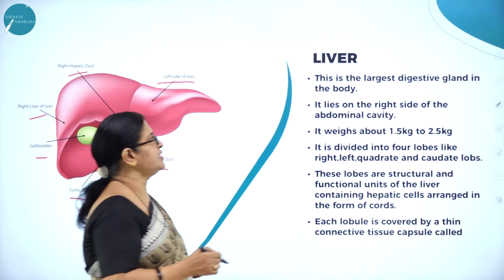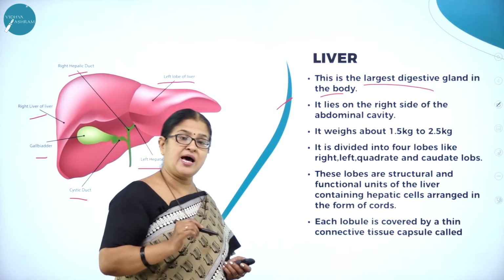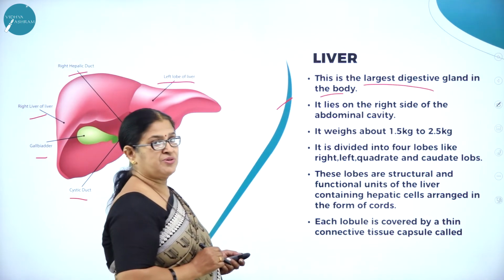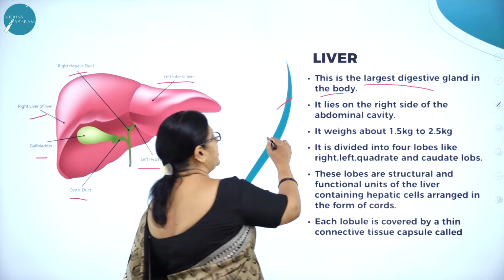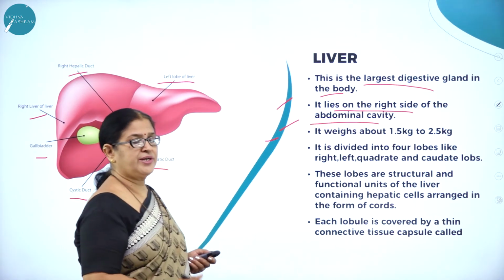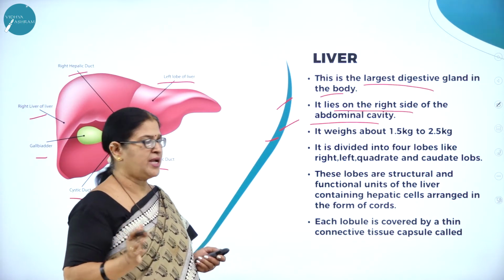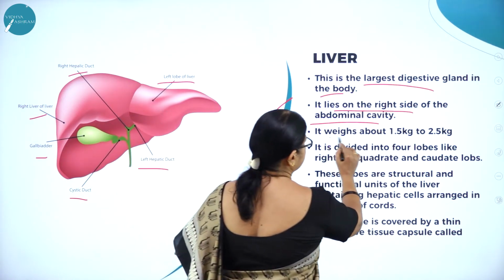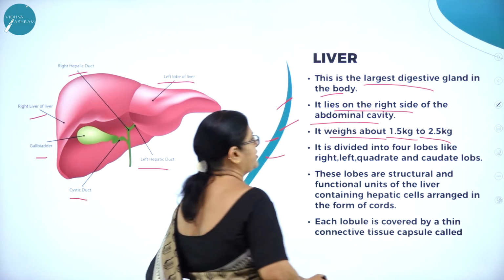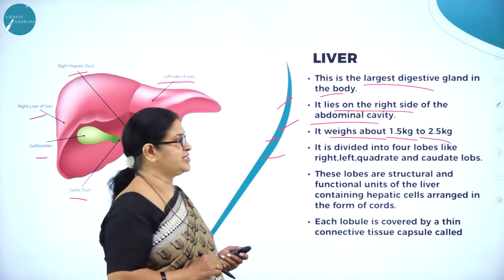The liver is the largest digestive gland in the body. It lies on the right side of the abdominal cavity, and it weighs about 1.5 kg to 2.5 kg. That is the reason we call it the largest digestive gland.